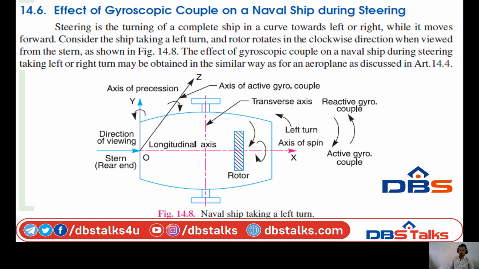When viewed from the stern, while taking a left turn, the left turn means the rotor has to rotate in the clockwise direction. So we have to remember that when a ship is steering, we have to convert it to the direction: left hand side means the steering we have to rotate in the clockwise direction.